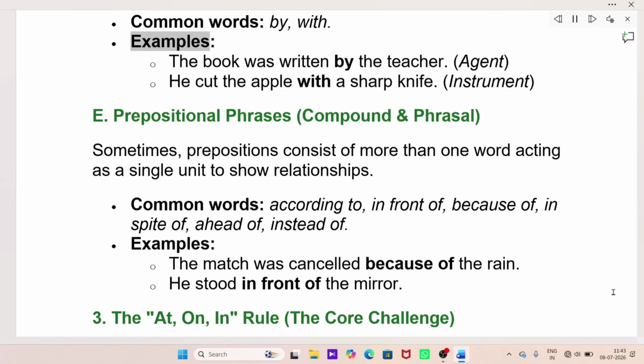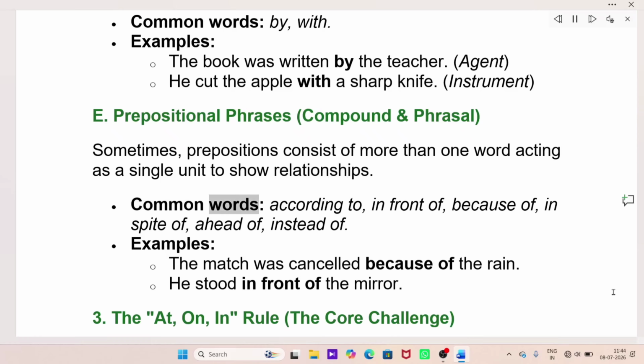Examples: The book was written by the teacher. Agent. He cut the apple with a sharp knife. Instrument. E. Prepositional phrases, compound and phrasal. Sometimes, prepositions consist of more than one word acting as a single unit to show relationships.